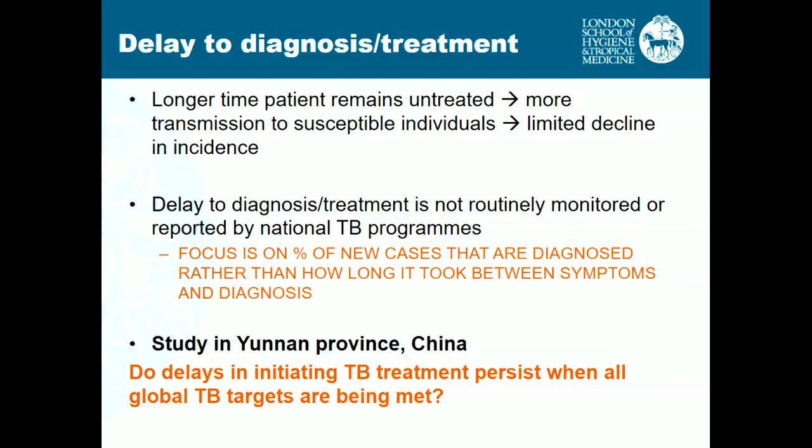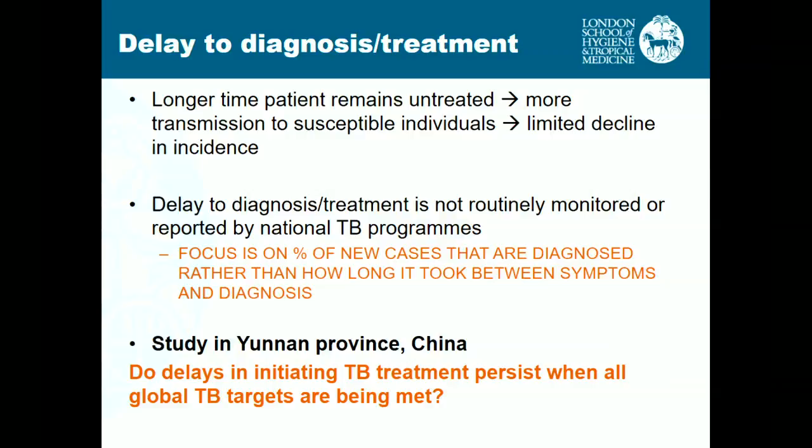So this study in Yunnan province, China, is a very important one, we believe, because most of the delay studies that have been done are rather small, and there's a lot of bias because they're facility-based and they're quite expensive to conduct. So just to give you a bit of background, a systematic review that was conducted in China looking at all previous delay studies had about 34,000 patients' data in their meta-analysis.